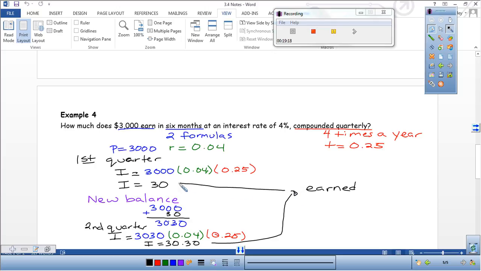We earned $30 and then $30.30, so we earned a total of $60.30 in 6 months. Any questions over that? Okay, next one.